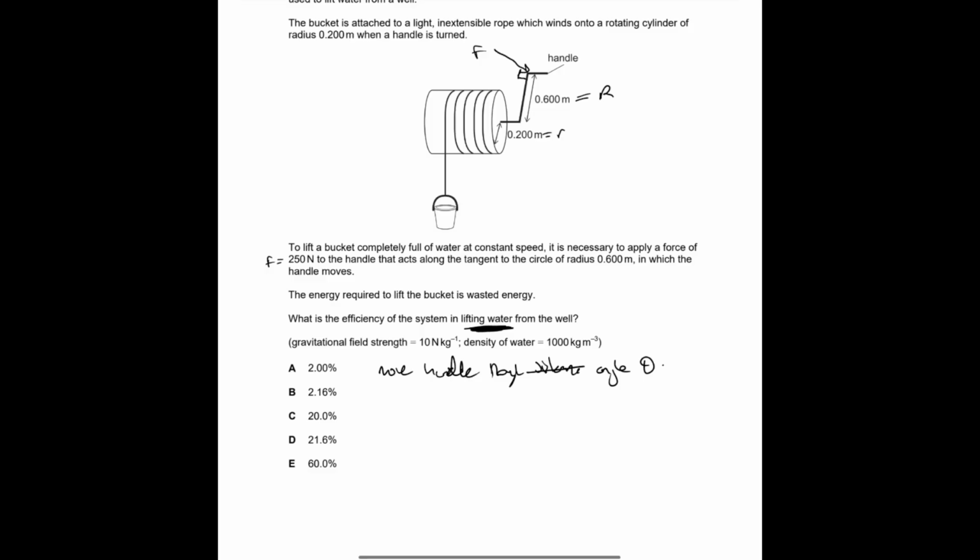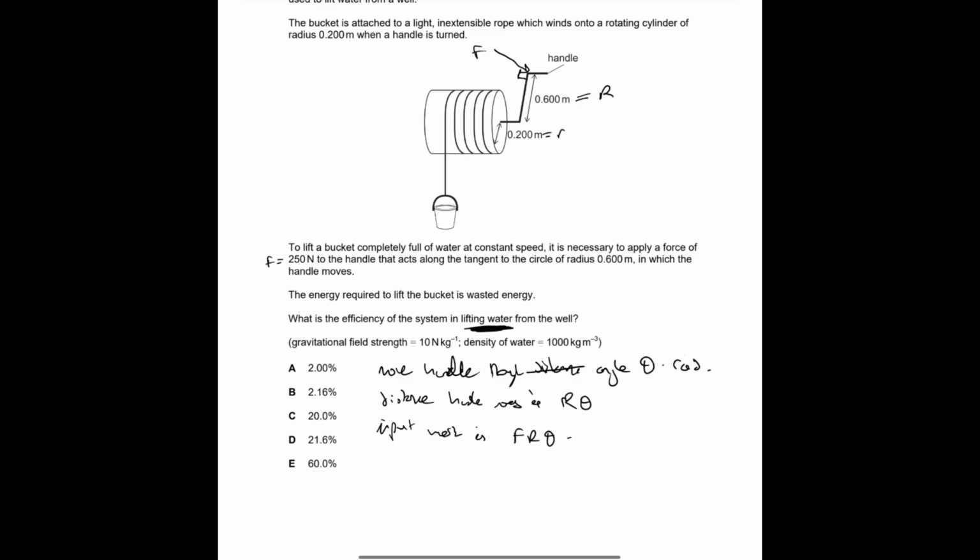So the distance the handle moves is big R theta, if theta is measured in radians. So the work done to turn, that's like input work. Input work is F R theta.